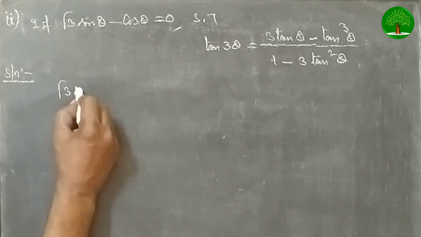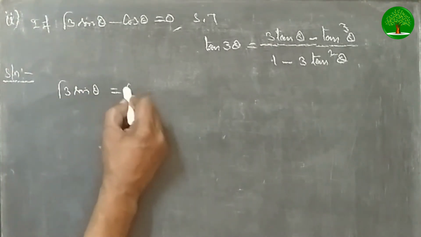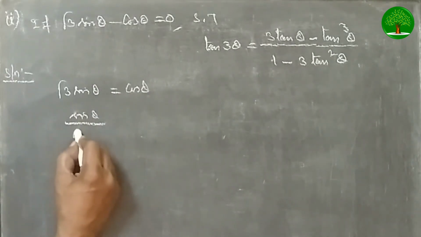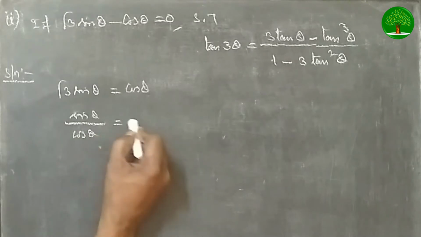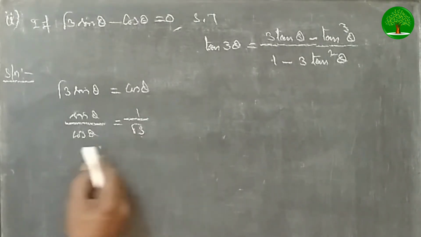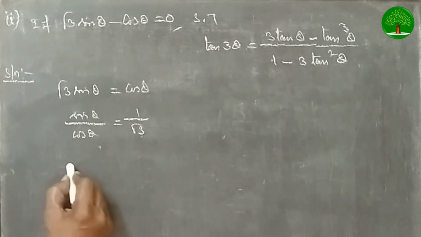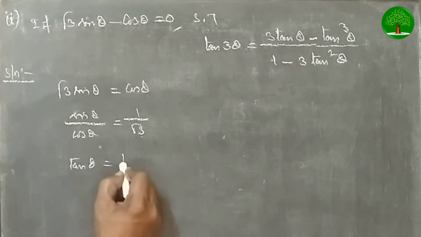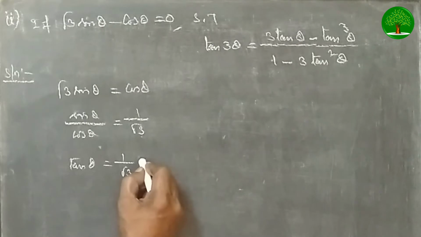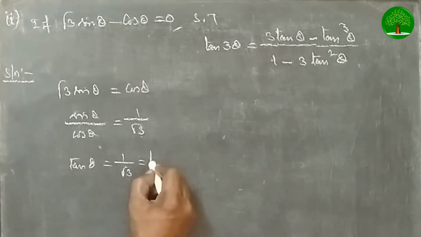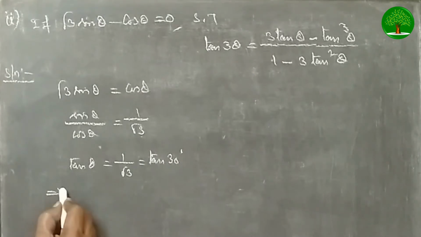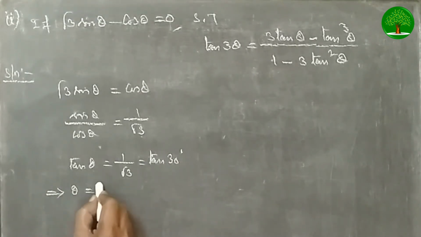Root 3 sin theta is equal to cos theta. Sin theta by cos theta is equal to 1 by root 3. Sin theta by cos theta is nothing but tan theta, which is equal to 1 by root 3. 1 by root 3 is nothing but tan 30. This implies theta is equal to 30 degrees.